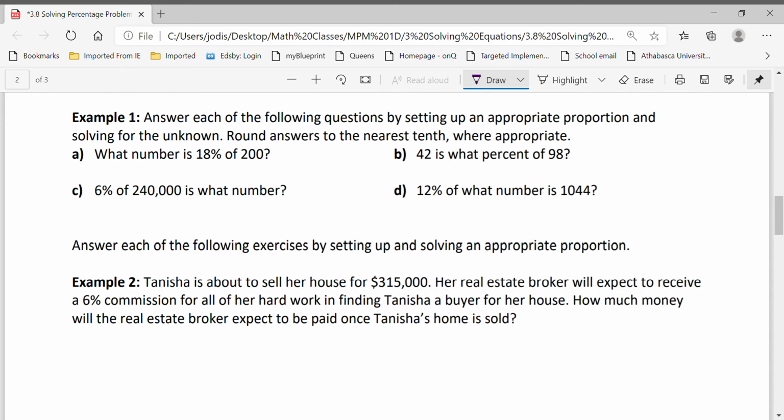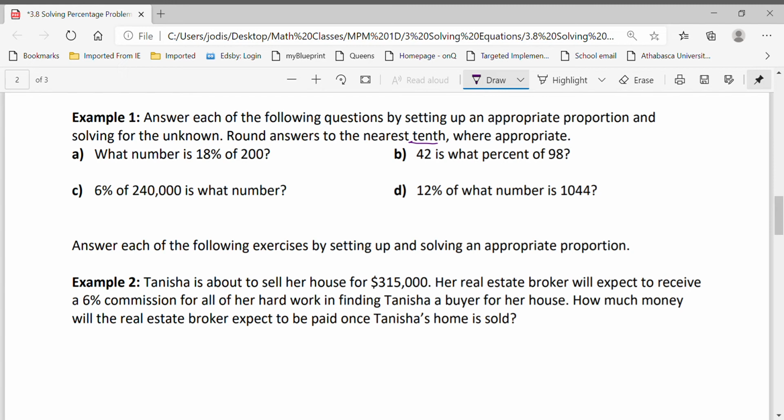For the first example, we want to answer each by setting up an appropriate proportion and then solving for our unknown, rounding each to the nearest tenth where appropriate. So, what number is 18% of 200?